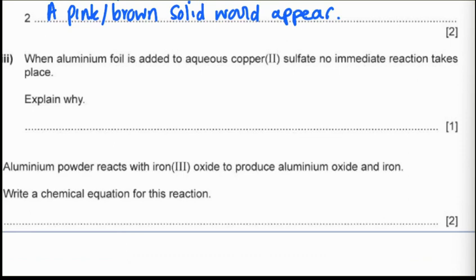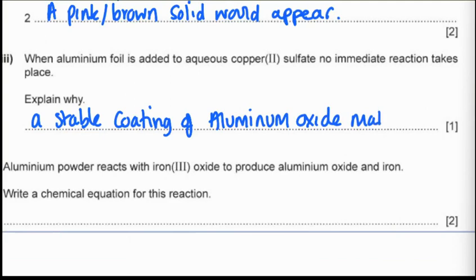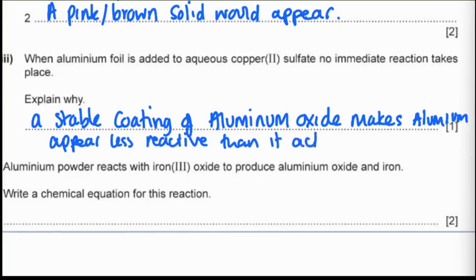But we know that aluminium forms a stable oxide layer, and that makes it appear less reactive than it actually is. So when we say explain why, we can say a stable coating of aluminium oxide makes aluminium appear less reactive than it actually is.